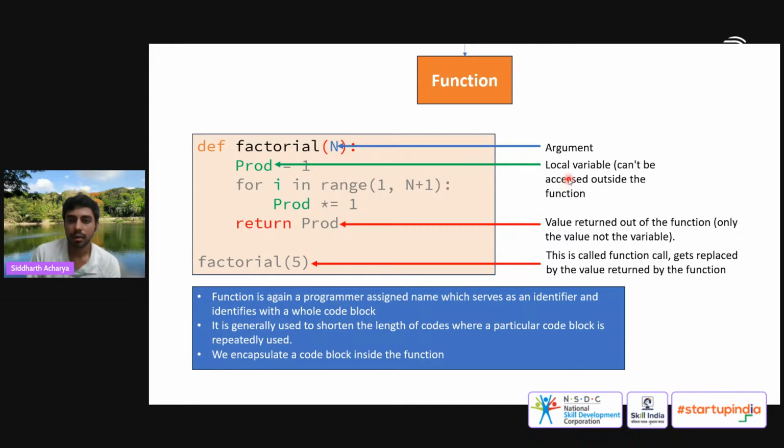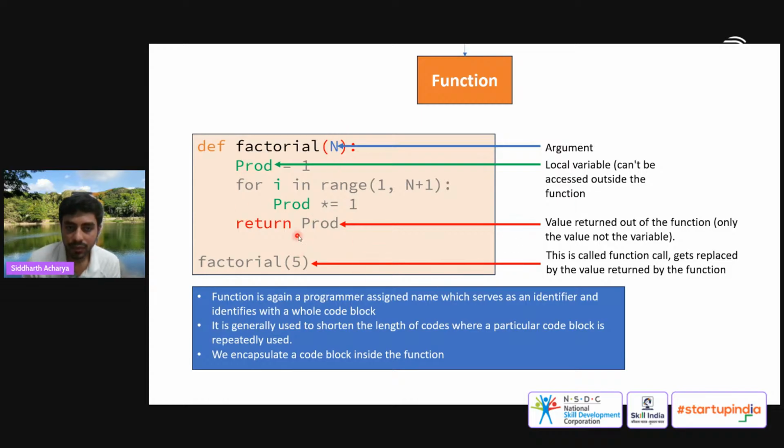Some details which I would like to cover here is the concept of a local variable. This variable prod, defined inside this function, is called a local variable, and it cannot be accessed outside the function. If you have some code outside the function, this code cannot access the variable prod.